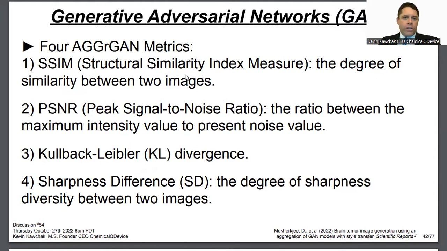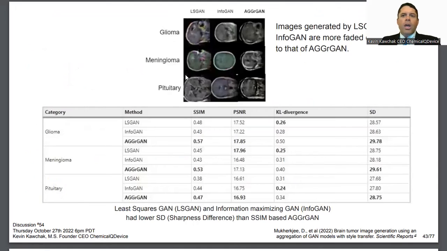So here's the metrics. The 2 they mostly refer to, well, they didn't really refer to the KL divergence as well, but the SSIM and then the SD, they refer to the most when comparing its performance. Occasionally the PSNR as well. Now, here's a table, and this is for brain tumors, so glioma, meningioma, and pituitary, where they have it bolded and aggregate in the table.